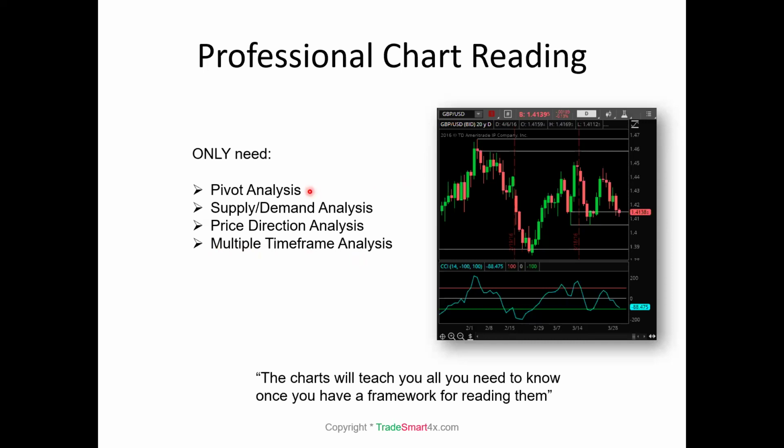This is the way we look at trend, not using moving averages or any indicators, but looking at the candlesticks and understanding the pivots. Now, again, we read pivots a bit differently to the way that you will find maybe in the literature. The way we read it is much quicker and will give you a much better reading of the market and will help you understand what's going on way before anyone else sees it.